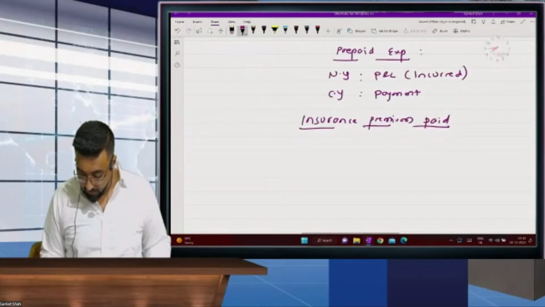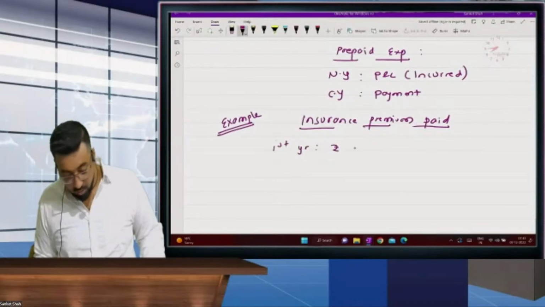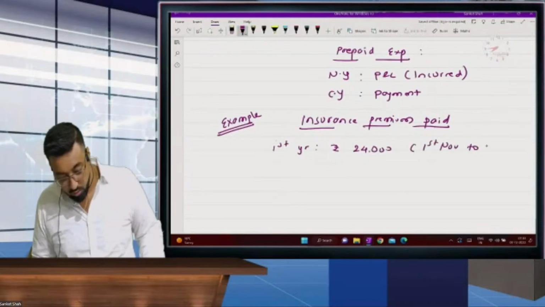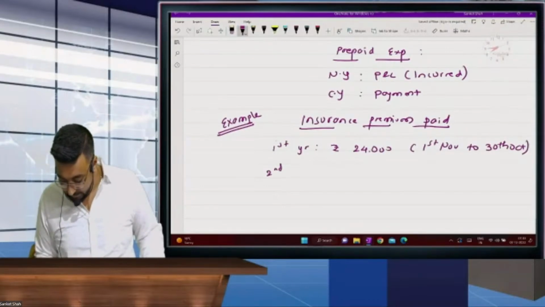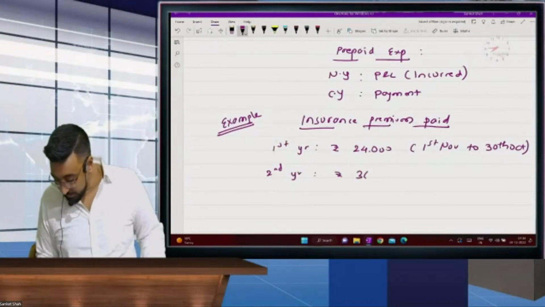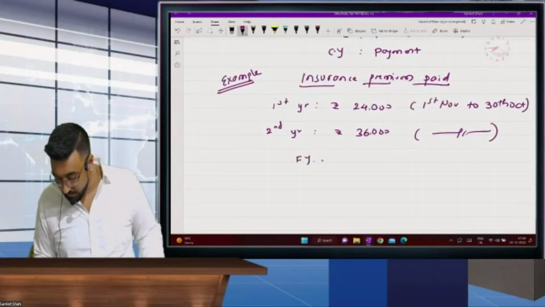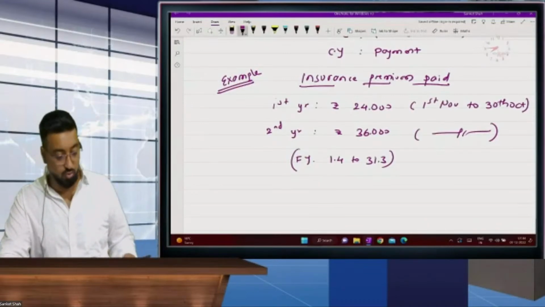Example. Repeat expenses. Example. Insurance premium paid. First year 24,000 from 1st November to next year's 30th October. And second year 36,000, same date. Financial year 1st April to 31st March. Do you need timing or should I give the answer?